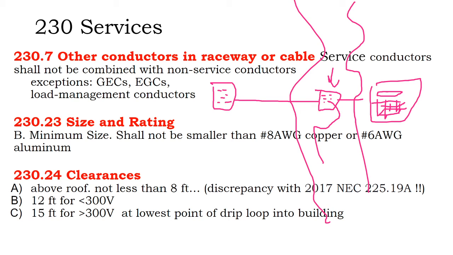And then you have your air conditioning unit connected here. And isn't that combining your load and supply service conductors? Well, no, because right here at this point, this is a feeder conductor.